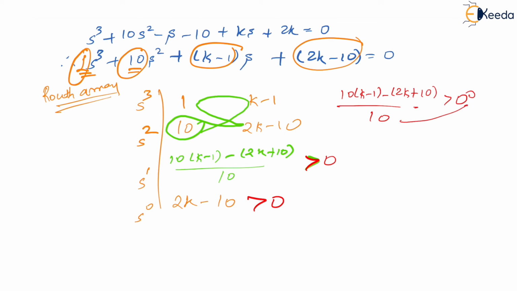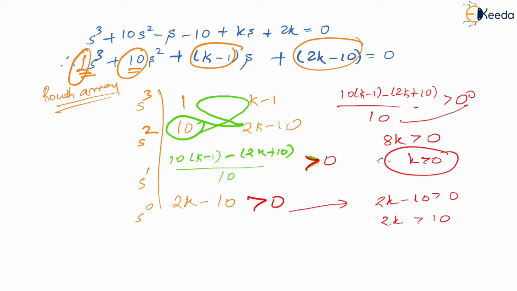This 10 goes there, and you get 8k greater than 0, therefore k greater than 0. That is for sure. Next condition: 2k − 10 should be greater than 0, which means 2k is greater than 10, so k should be greater than 10/2, therefore k should be greater than 5.